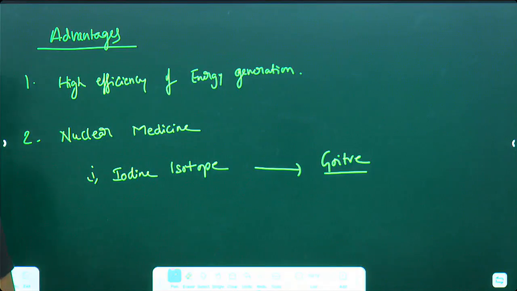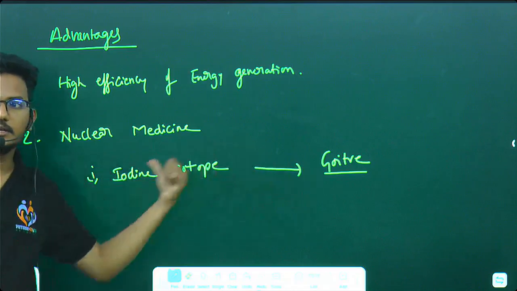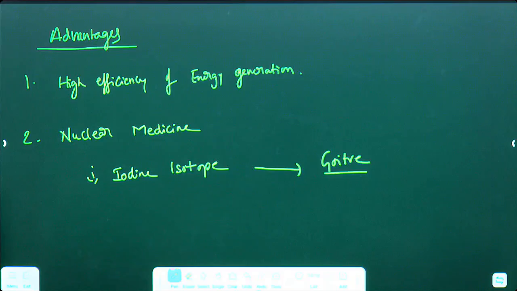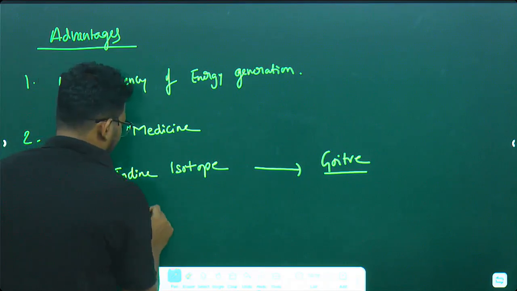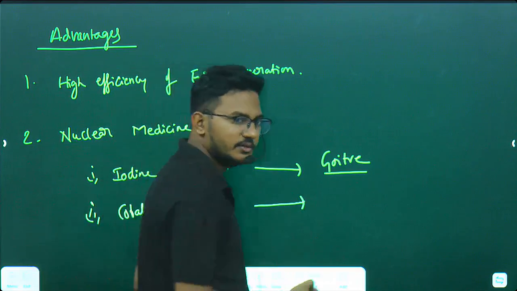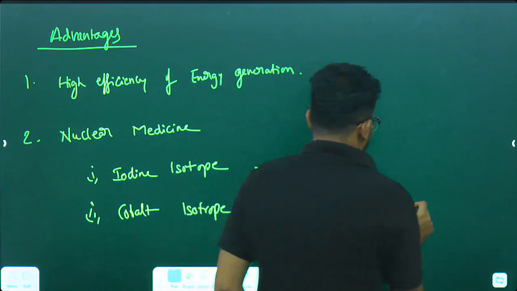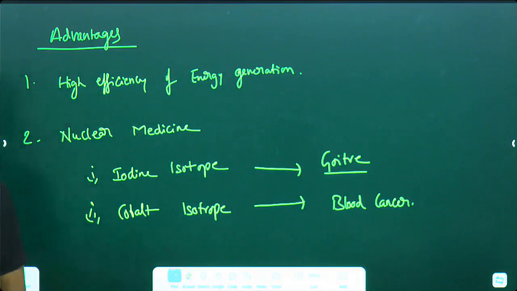Goitre means deficiency of iodine, so in this deficiency disease we use an iodine isotope to treat it. Second, cobalt isotope, which is used in case of blood cancer.